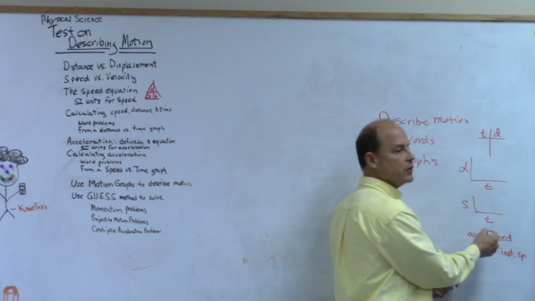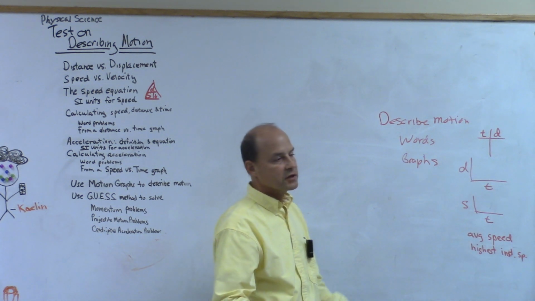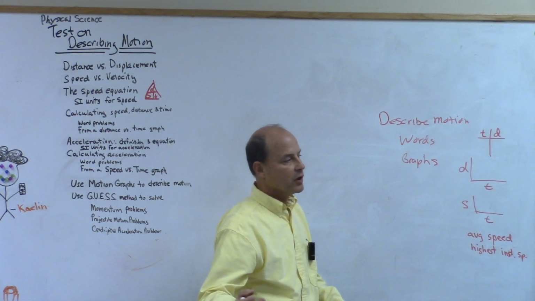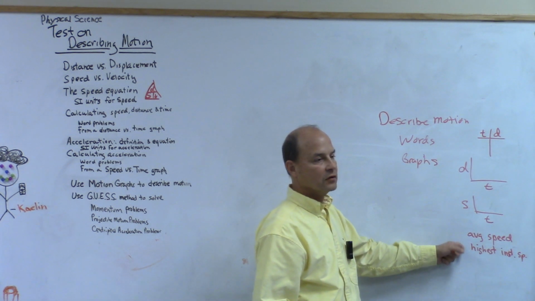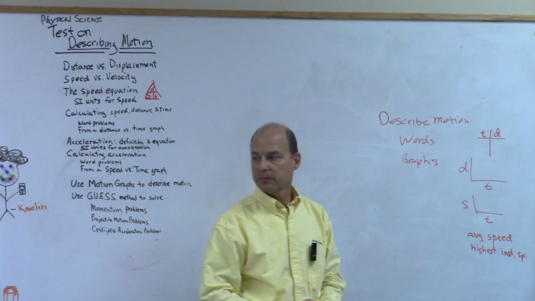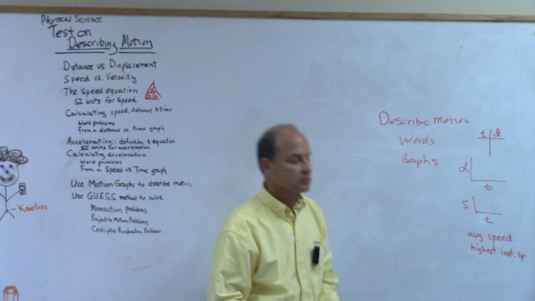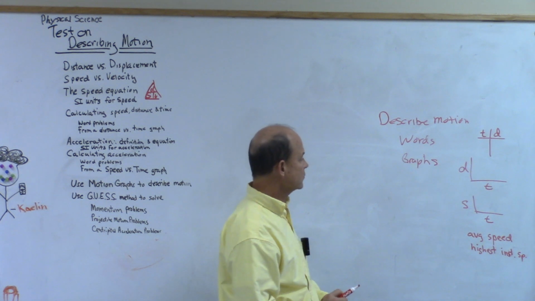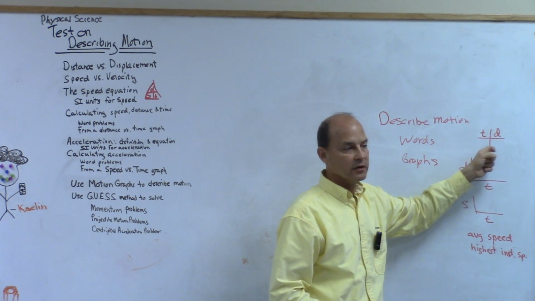You're going to have some vocab in your description. You can't just say, well, the toy went for a while and then stopped. You're going to have to describe the motion quantitatively, not just qualitatively.